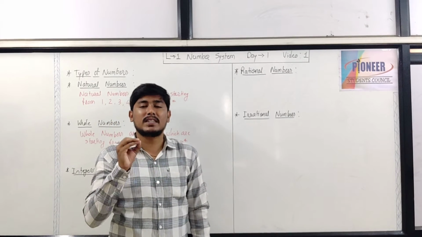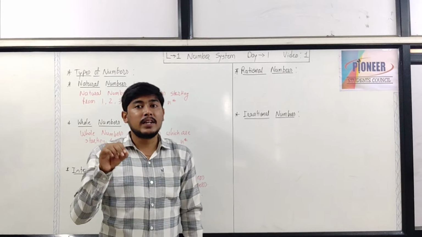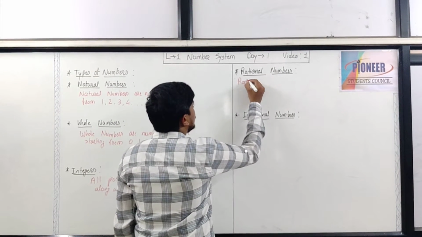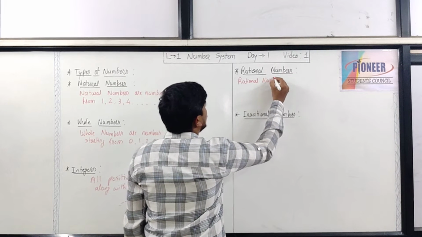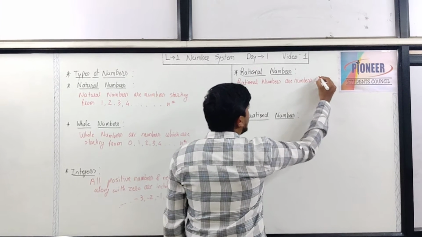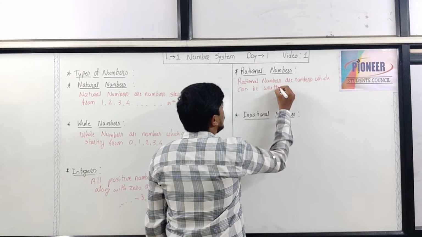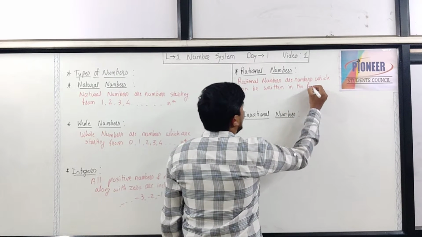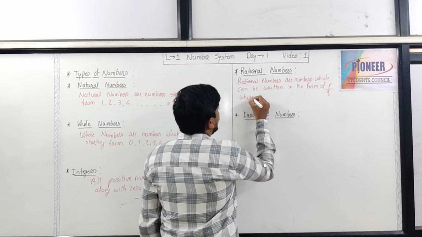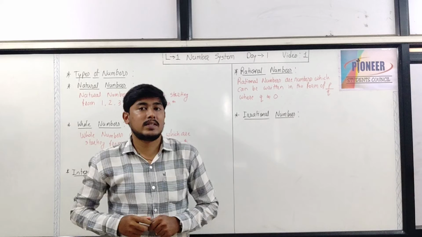Rational numbers are numbers which can be written in the form of p upon q, means in the form of a fraction, where q is not equal to 0.